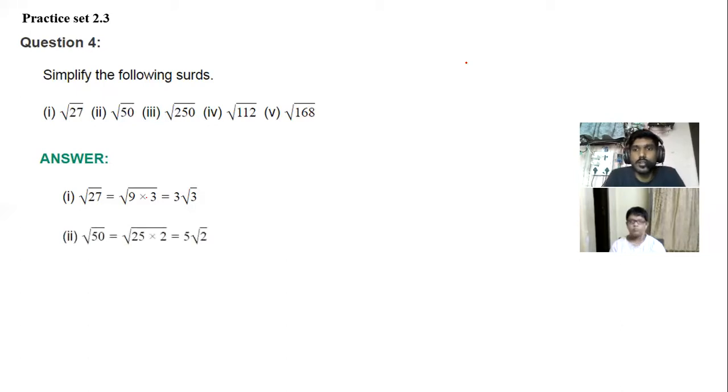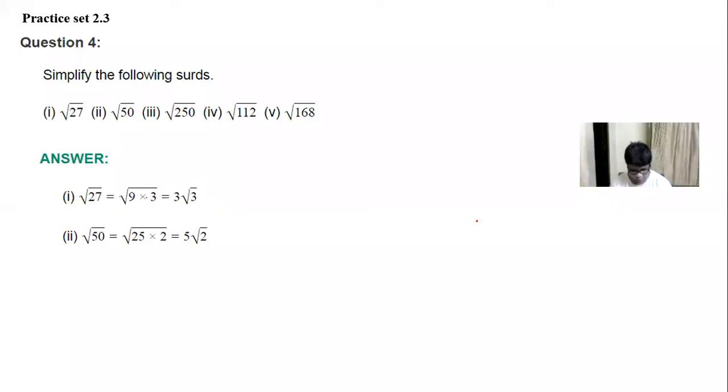Show me the calculation. Actually, I can't see your prime factors. Just tell me whether your answer is matching what I'm writing. 50 divided by 2, then 25, divided by 5, then 5.